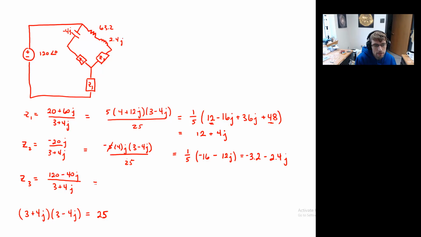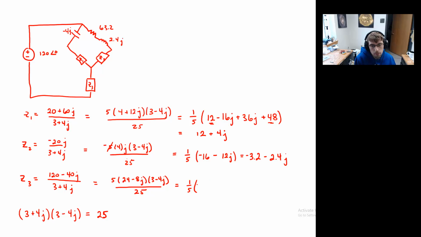And the last one, of course, 120. Let's see, 120 is 24. So we have 5 times 24 minus 8j times the quantity 3 minus 4j all over 25. And so we get something like 1/5.